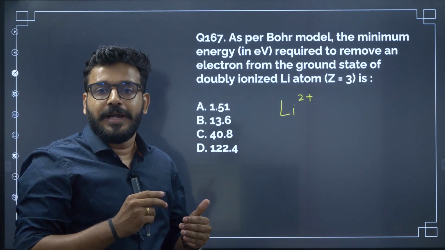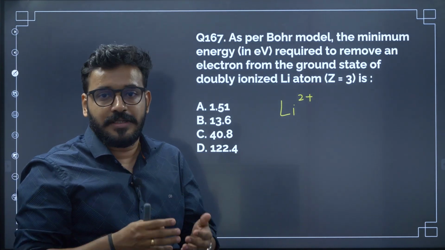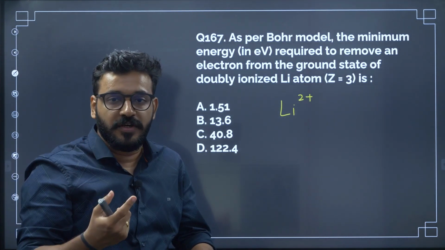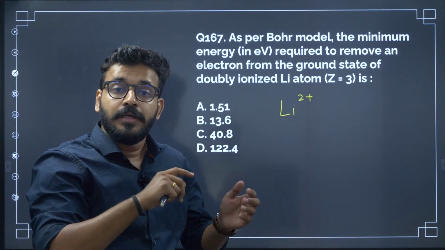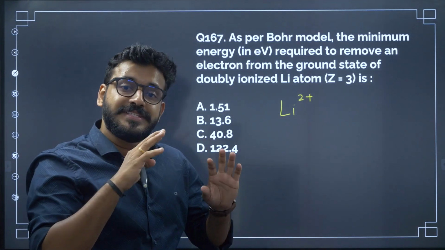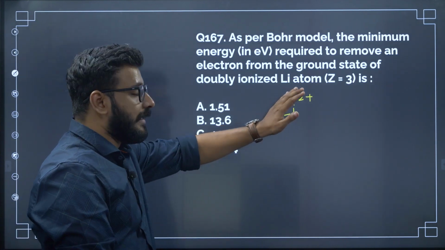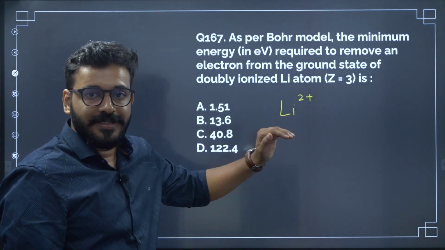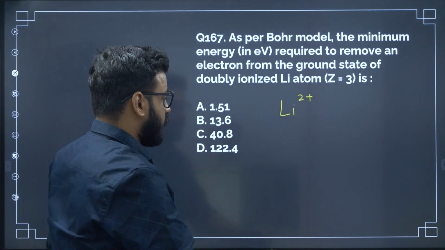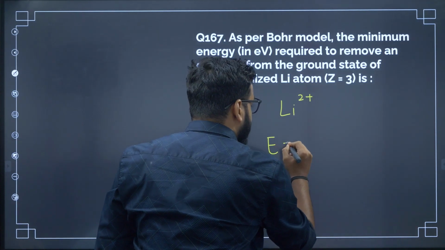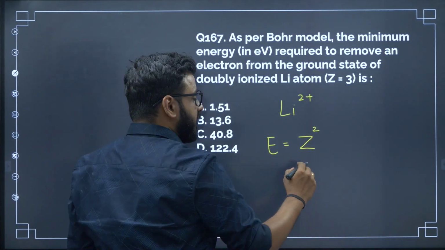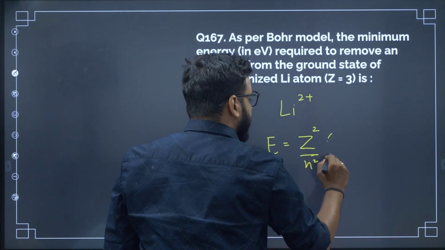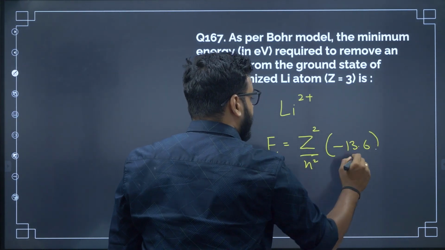So if you want to find the ionization energy from the first orbit itself, you have to remove the electron from the first orbit itself. That energy is bound to the atom, it's negative. The ionization energy is positive of the same value. For example, lithium ion. What is its energy at the ground state? Generally for any hydrogen like atom, it is Z square by N square into minus 13.6 electron volt, correct?